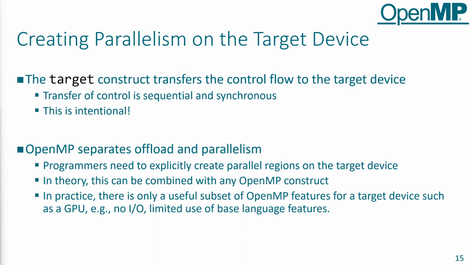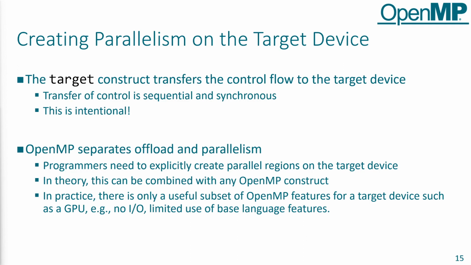But of course, in practice, there's only a useful subset of OpenMP features that you can use on a target device like a GPU, and I'll show you most of them that you need to get the first applications running on a GPU. The same, by the way, holds true for base language level statements. What you absolutely don't want to do is I/O on your GPU.